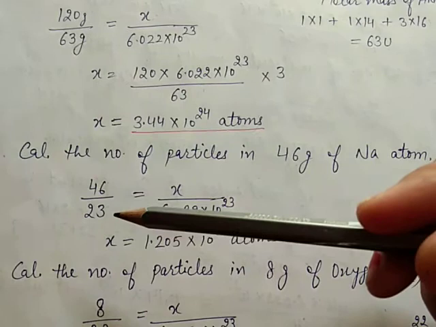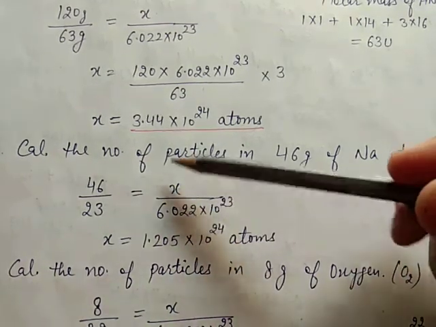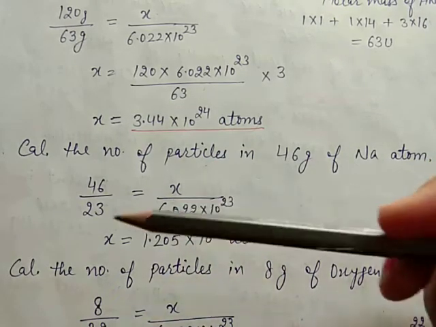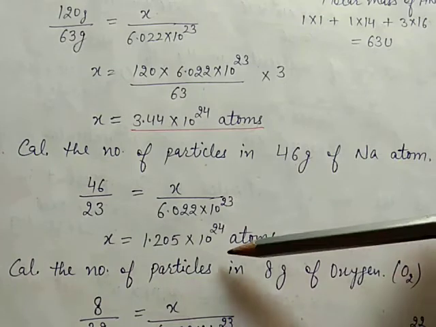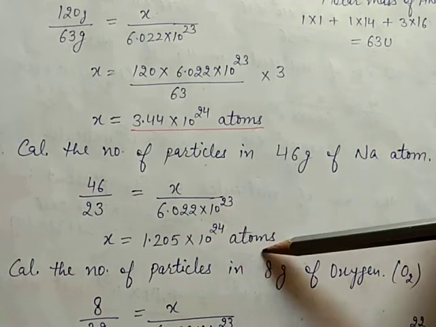So sodium atomic mass is 23, that is equal to X, the number of particles, divided by Avogadro number. After cross multiplication, the answer is 1.205 into 10 raised to power 24 atoms of sodium.